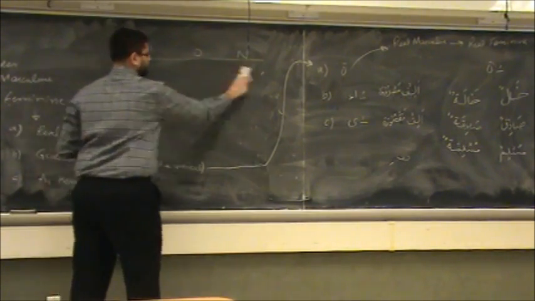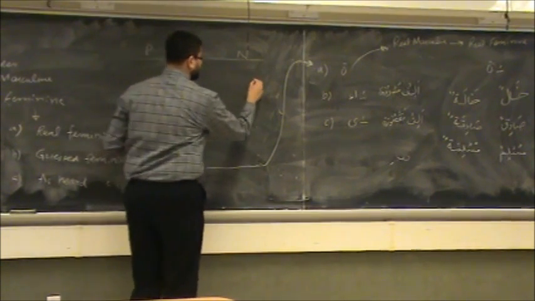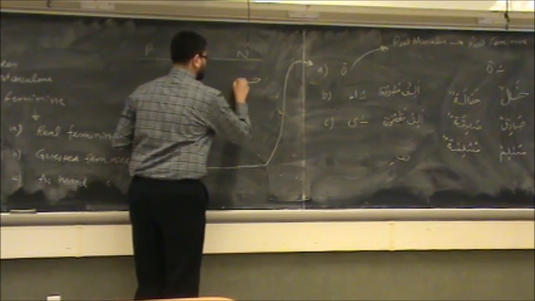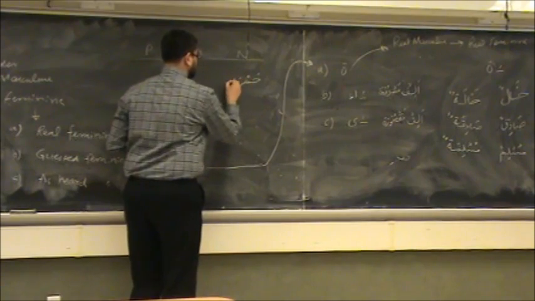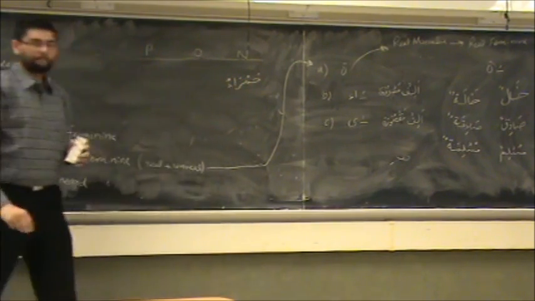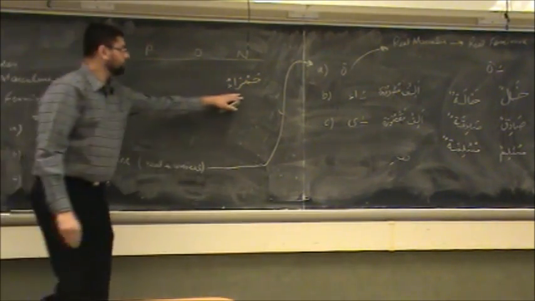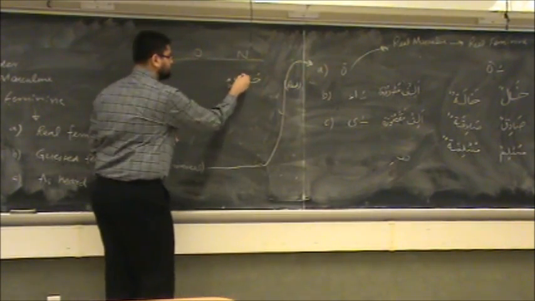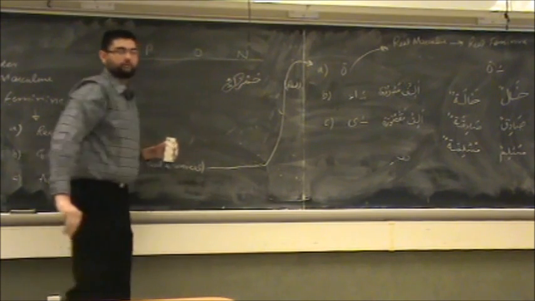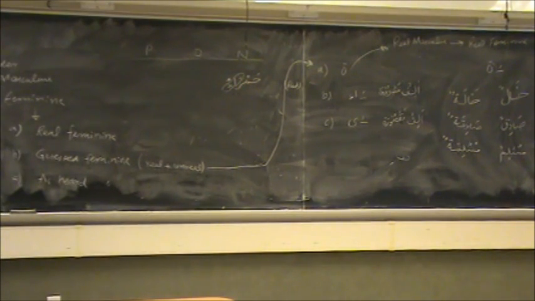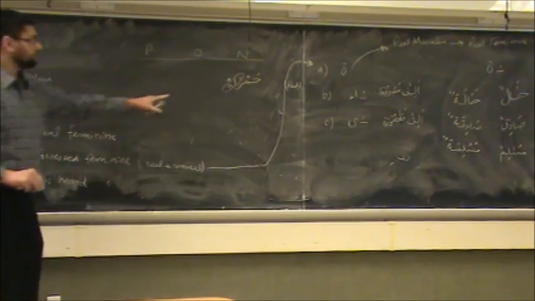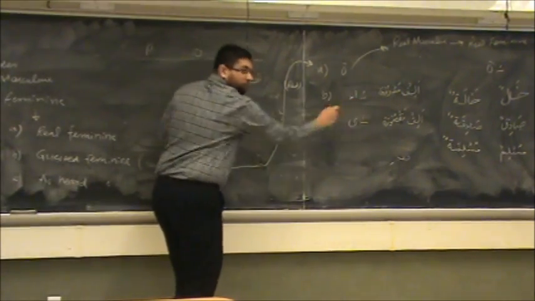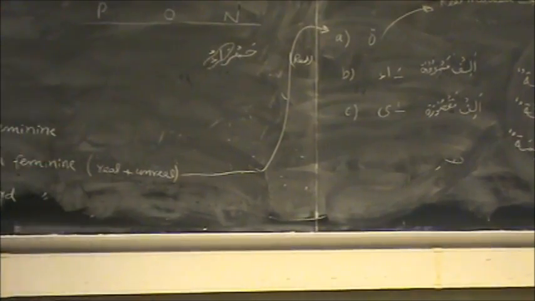Last time I gave these examples, so let me repeat them. Hamra'u. Hamra'u means red. And since it has this pattern, see? Fatha, Alif, and Hamza. Same pattern, right? So we can know that this is feminine.